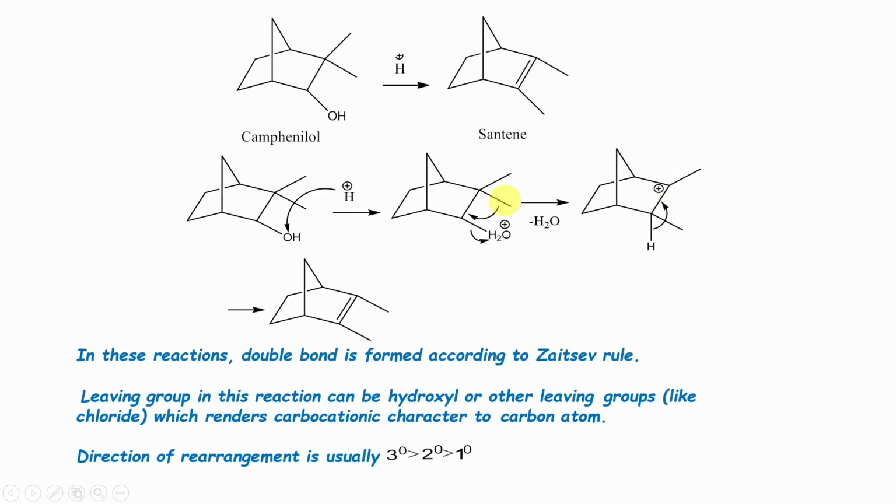Okay, so I have already discussed Wagner-Meerwein rearrangement with many examples, and also discussed the mechanism involving each of these examples. I think you might have understood all these aspects of Wagner-Meerwein rearrangement and its mechanism.